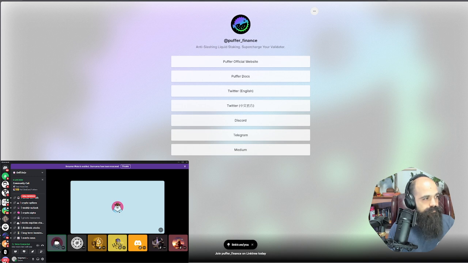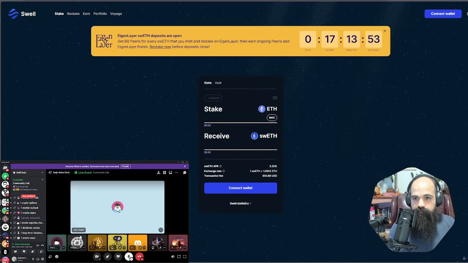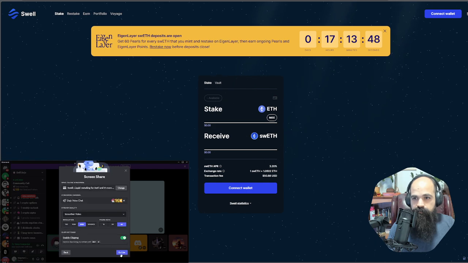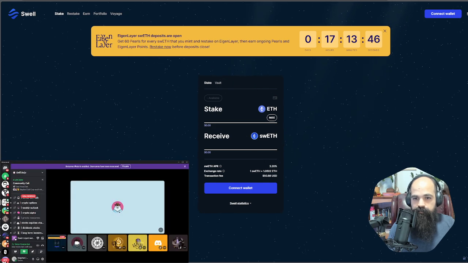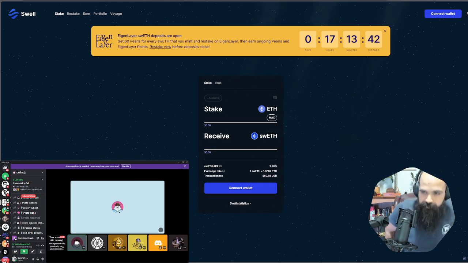The second type of product is these liquid wrappers that incorporate multiple LSTs into one product. This is like Origin's Prime Staked ETH, and also Kelp DAO in a way.